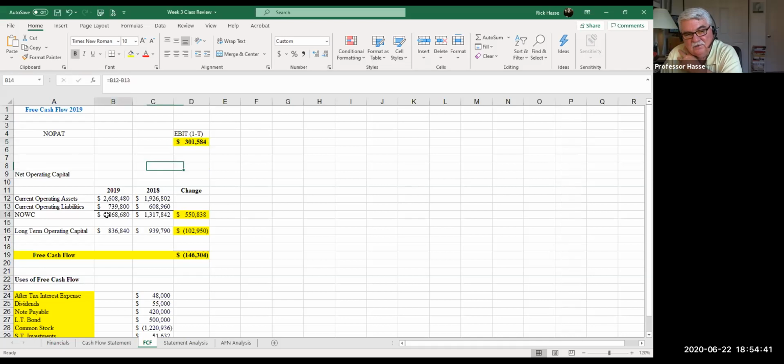Look at our delta of working capital from 2019 and 18. We used $550,000 more in operating our working capital from 2019 and 18. Those are high receivables numbers, high inventory numbers. So our profits were eaten up by the cash we lost in our operating working capital.